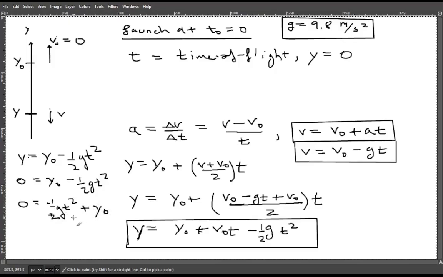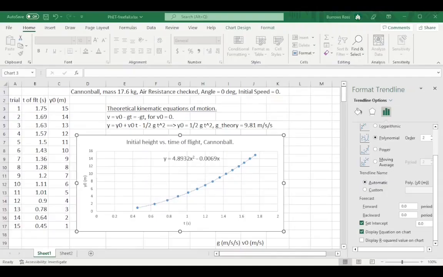And now, to get this equation to correspond to what we're going to plot in Excel, if you look over here, what we're plotting in Excel is the initial drop height as a function of time. That's what I've plotted right here, these data points. The y value on the vertical axis is the initial drop height versus the time of flight on the horizontal axis.